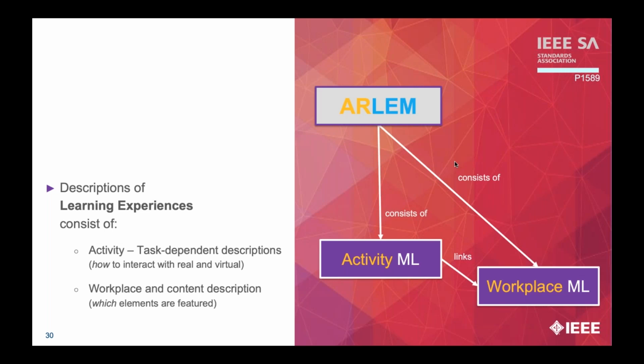It consists of a workplace modeling language that allows to bind these activities to the real world and to other virtual experiences that may be relevant in any such activity situation. So in a nutshell, the activity modeling language deals with how to interact with the real and virtual, and the workplace model and content description deals with which elements are featured, be they real or virtual.